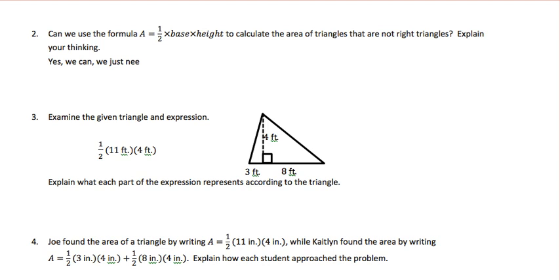We just need to be able to find the height of the triangle. Because again, in a right triangle, the height is one of the sides. But in any other kind of triangle, the height would have to be drawn in or given to us in some piece of information. Otherwise, we don't have the height and we can't calculate the area of a triangle without the height.